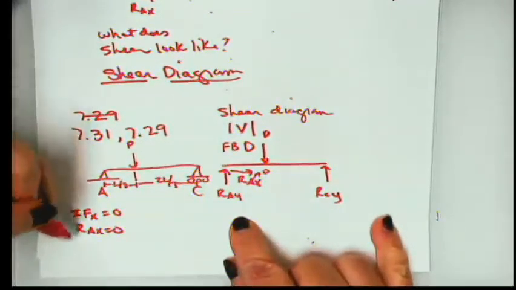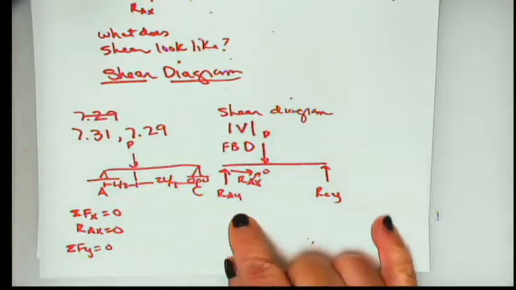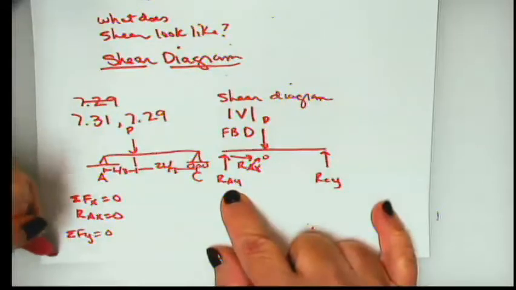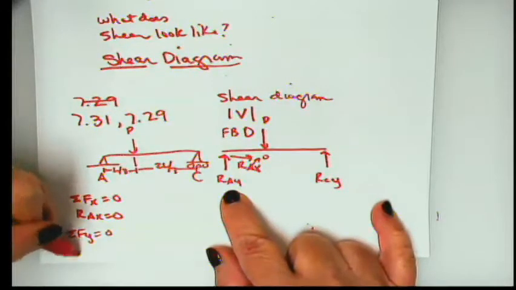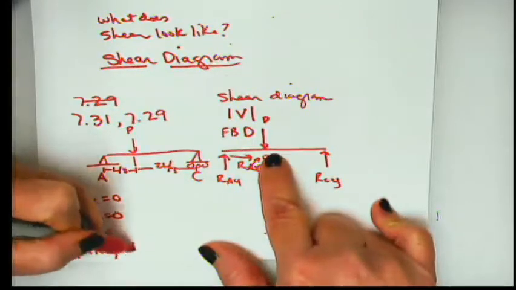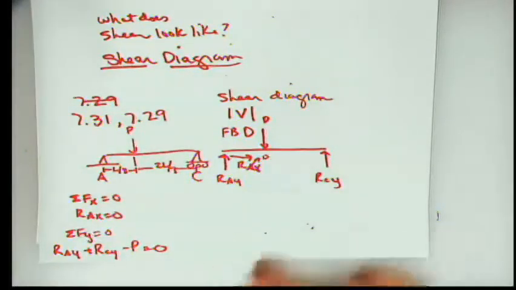So the next thing we can do then is to say summation of forces in y equals 0. And here we have 3 loads. We have reaction RAY, we have reaction RCY, and we have the applied point load P acting down. Those 3 things equal 0.